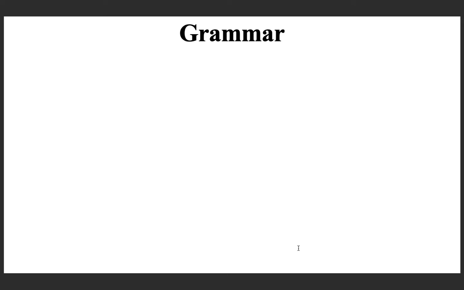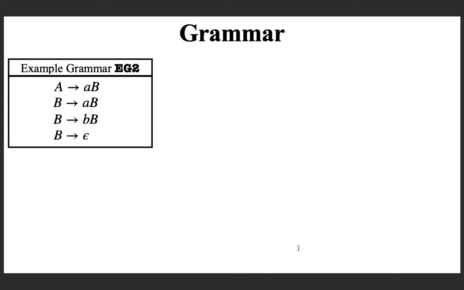First, we need to define a grammar formally. For that, we can consider an example grammar that we discussed in the previous class. If you recall, this is the second example grammar with 4 productions.